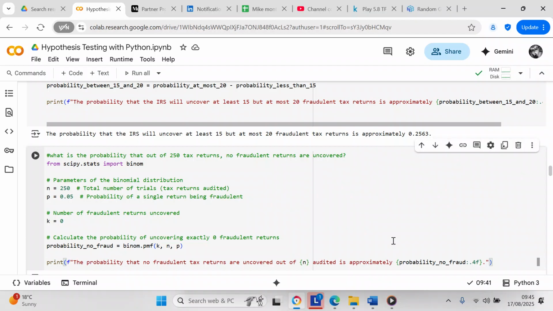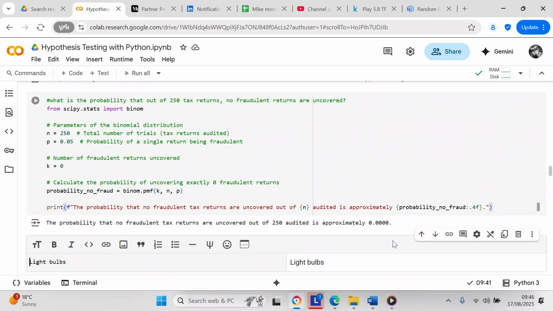And then we're going to print the probability that no fraudulent tax returns are uncovered out of N audited is approximately probability no fraud. And so the answer to that is 0%. There's 0% probability that they're not going to get any fraudulent tax returns.